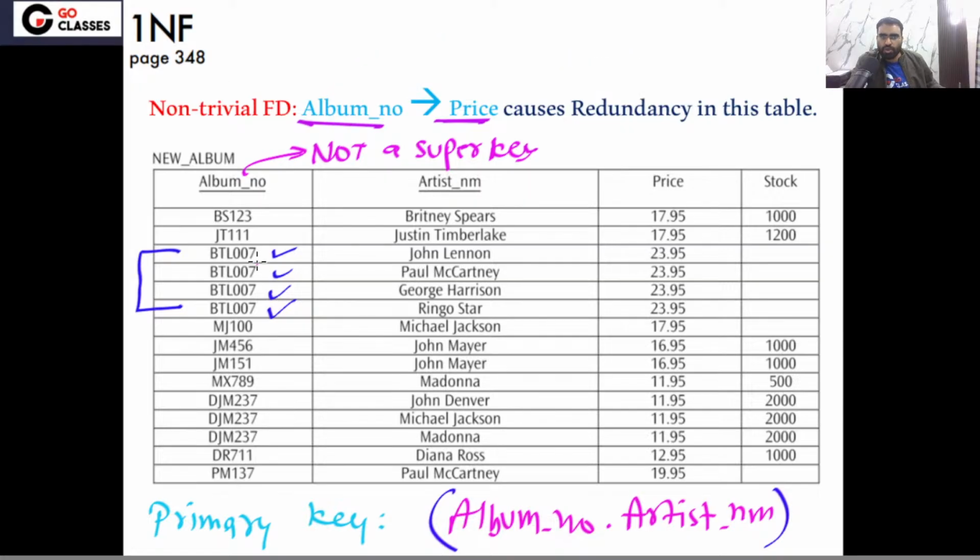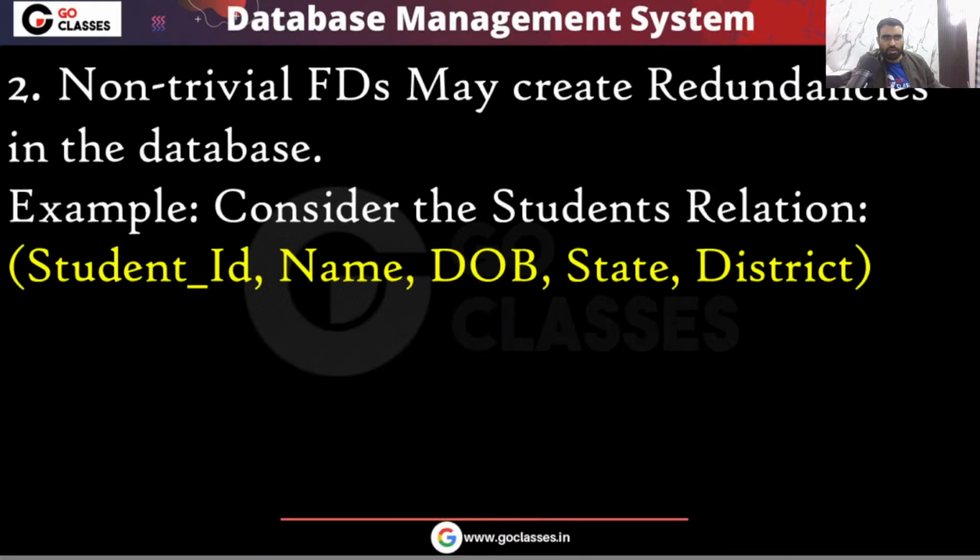So if this album number repeats 1000 times, the same price will repeat 1000 times. This is a non-trivial functional dependency, and because of it there is redundancy in the table. I hope you understood. So non-trivial functional dependency may create redundancy in the table.